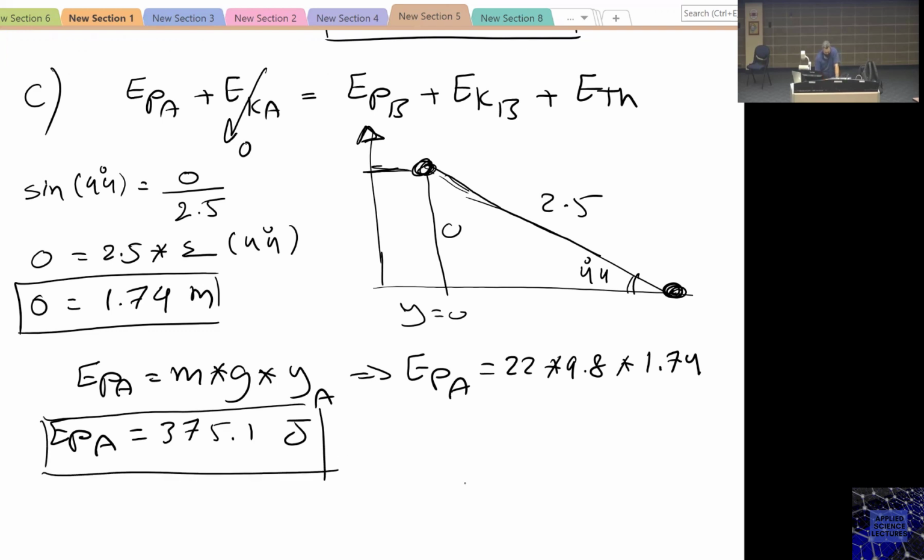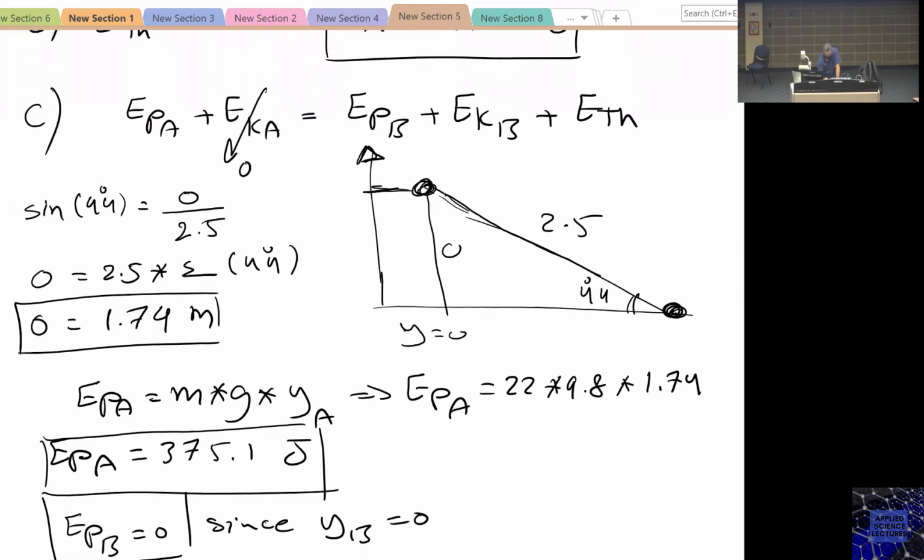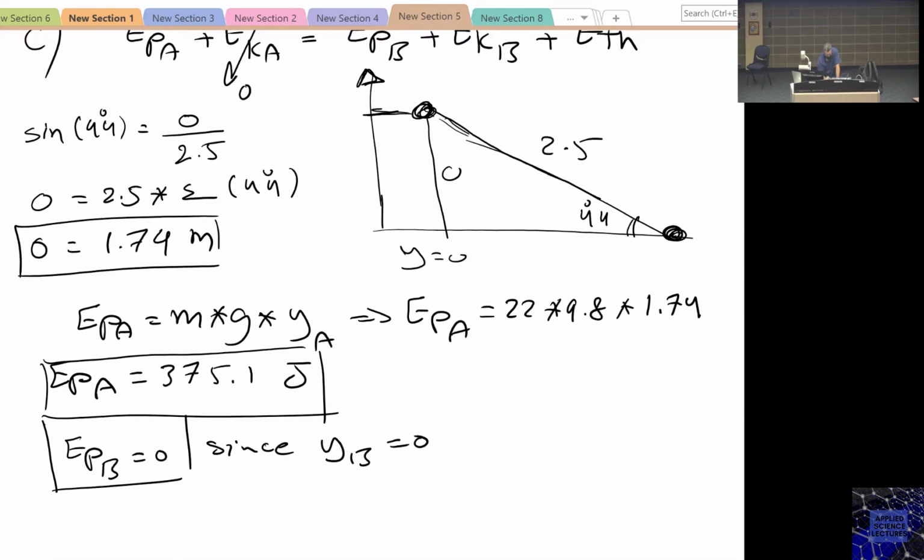What about EPB? EPB is 0, right? I have the box reaching the bottom, so EPB is 0, since yB is 0. What about EKB? This is what I want.